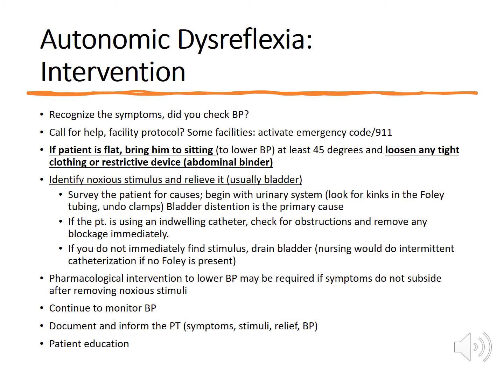You have to check to see if there's an obstruction in the indwelling catheter, and you want to remove any type of blockage immediately. If you cannot find the stimulus or what is causing this change in the patient, you need to call nursing so that they can drain the bladder, or if they can do intermittent catheterization. If no Foley is present, the bladder may need to be emptied, but that is something nursing would do.